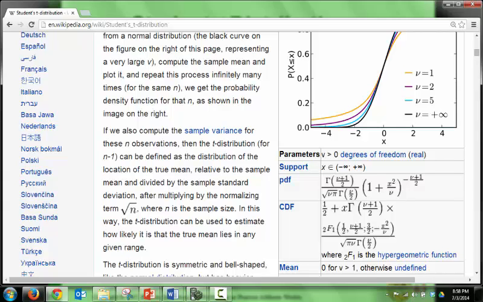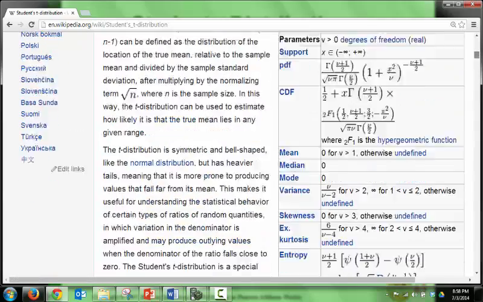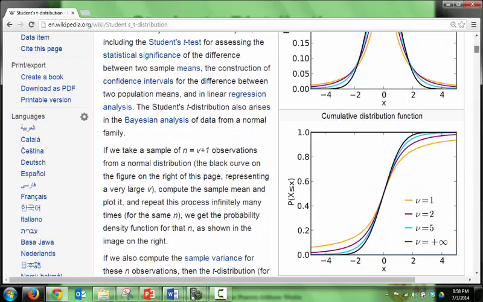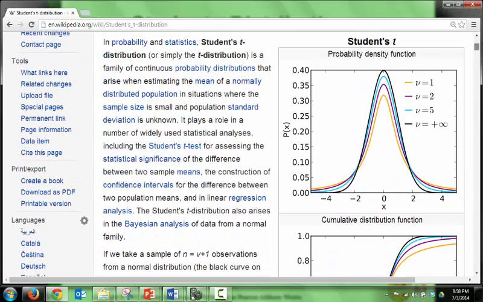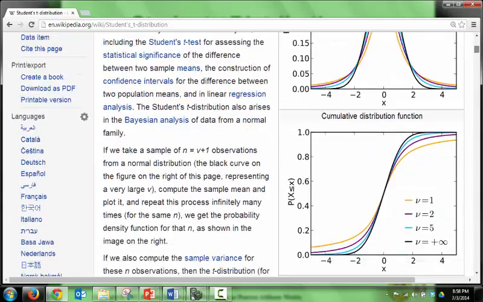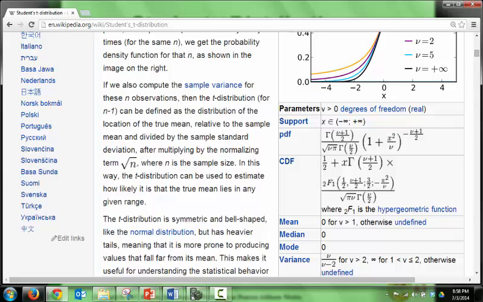The hard part is that it requires a degree of freedom, and the degree of freedom gives you a different shape every time. I just want to show you how complicated the distribution would actually look. And there's this hypergeometric function. What is that? Who cares?